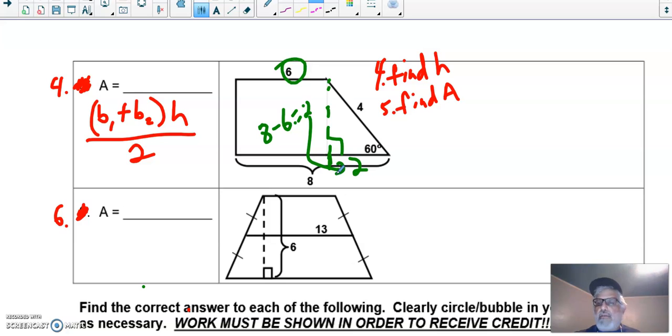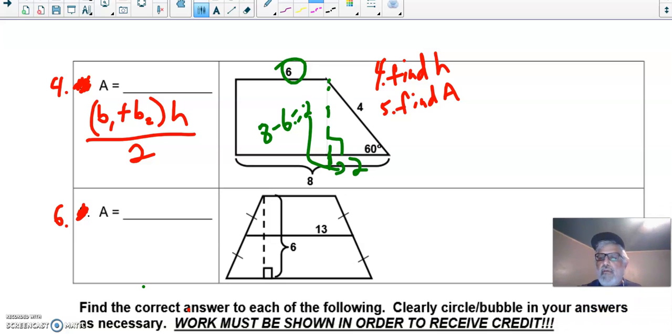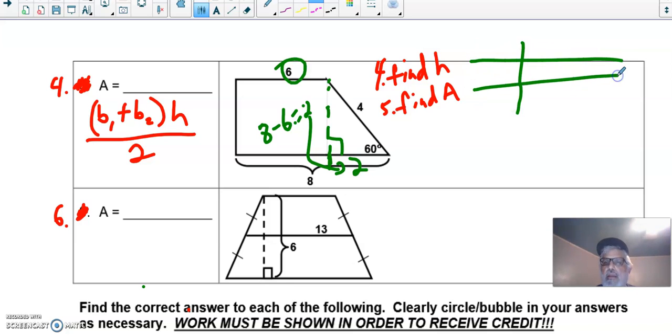Okay? So, to get the height, the h, again, I'll do my little special right triangle. So I got my 30, I got my 60, got my 90. Across from the 90 is my 4. Half of 4 is 2. Oh, sorry.